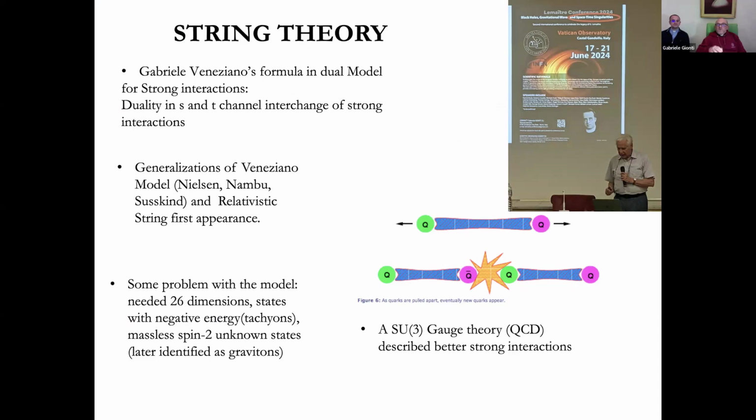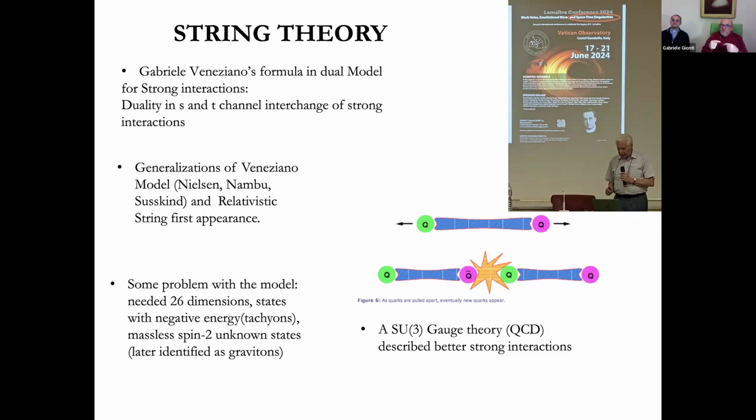And this is considered the beginning of string theory, because later other people like Nielsen, Nambu, Susskind used the Veneziano formula, and they said that in the strong interaction, two quarks were linked by a string, a flux of energy. And they started to use strings to model strong interaction.